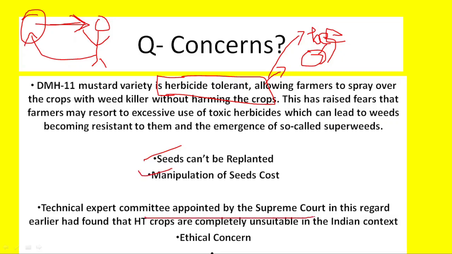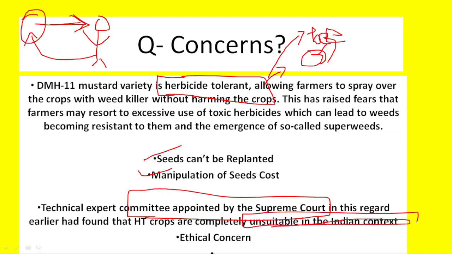Third, a technical committee appointed by the Supreme Court in earlier decades found the unsuitability of GM crops in the Indian context, because in India the majority of the land is fertile. Besides this, many people are engaged in the production of edible crops.